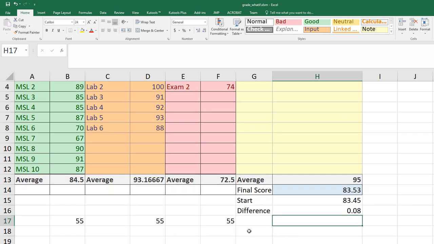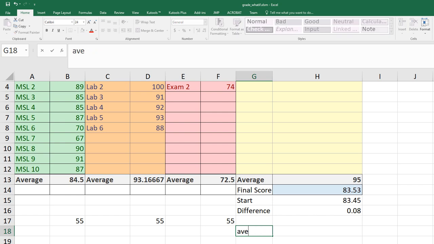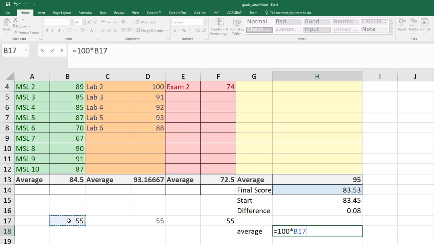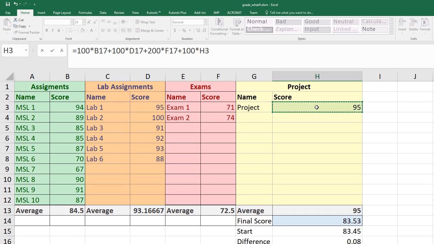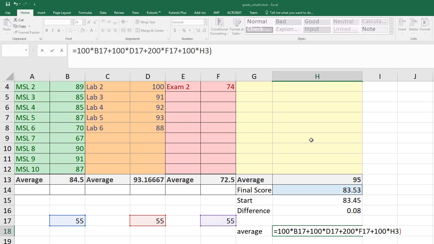Okay, so let's figure out what our course average is from just these. You probably notice I don't really need to be doing this because it's obviously averaging 55, but that's 100 points there, plus 100 points there, plus 100 points, 200 points there, 200 points there, okay, plus 100 times whatever the project score is.